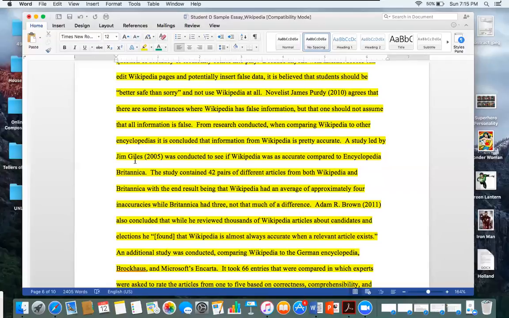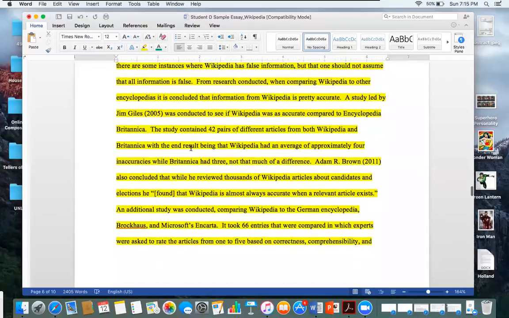study by Giles that demonstrates that Wikipedia was pretty close in accuracy with Encyclopedia Britannica, probably something that we were all told to use as a source in high school. Another study done by Adam R. Brown shows Wikipedia is actually more accurate, or almost always accurate, when there is an article published on the web about that topic.